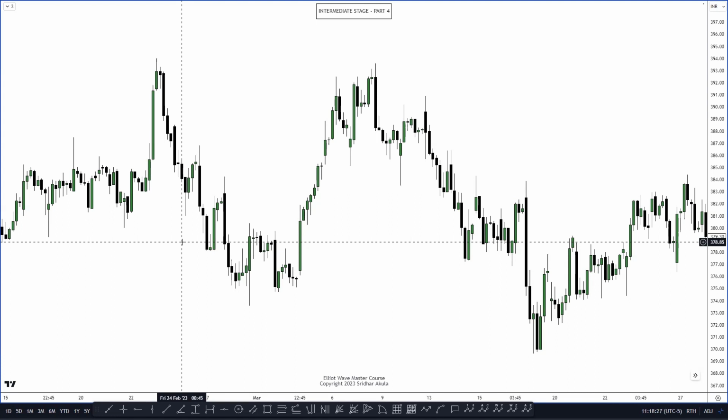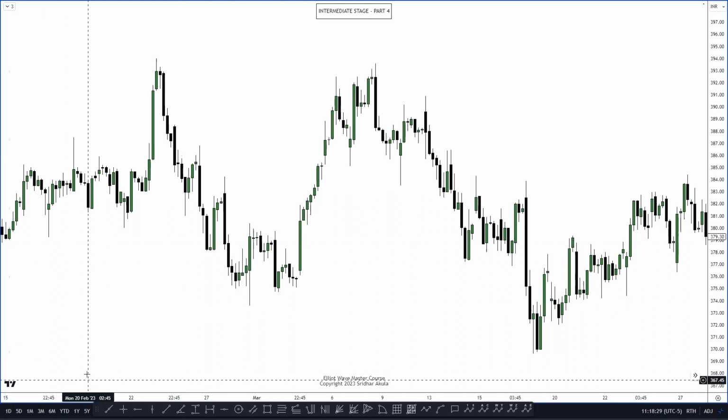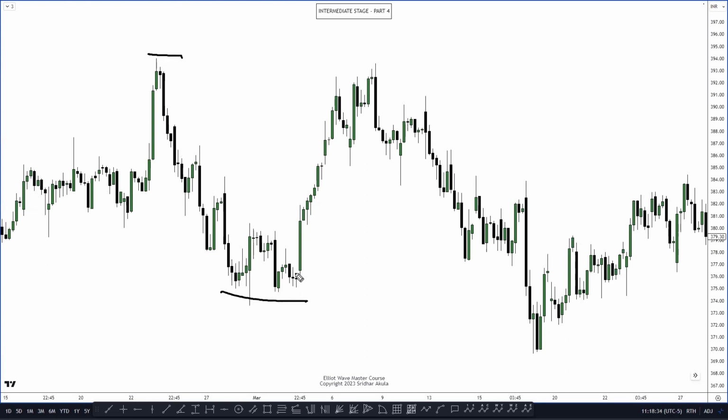Now, in this example here, we see some kind of a correction. The question is, what correction is this? In this case, by the rules, if you've seen the beginner stage, you already know that this is a flat correction. Now, which kind of flat? This is a regular flat correction. Why? Because after a move down, we got a pullback in the market.